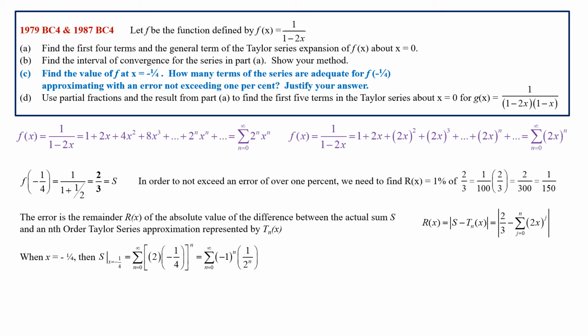Now the negative 1 to the n, you might recall, means alternating series, which is really important here because we can not only show that this alternating series is decreasing, we can also show it has a limit of 0, and therefore it meets all the qualifications of an alternating series test.